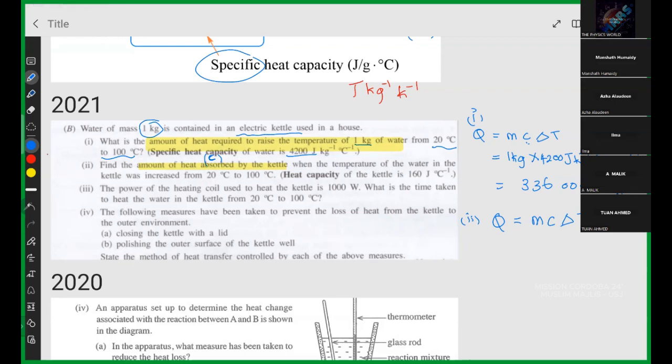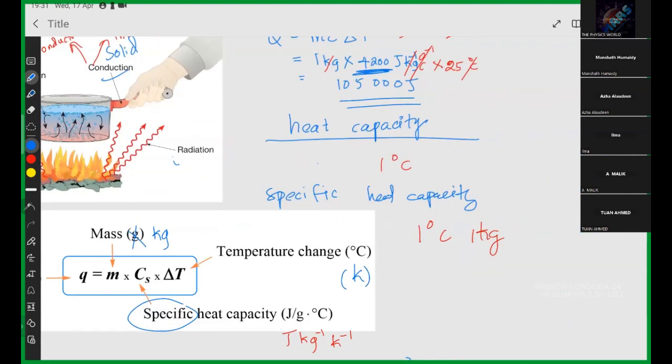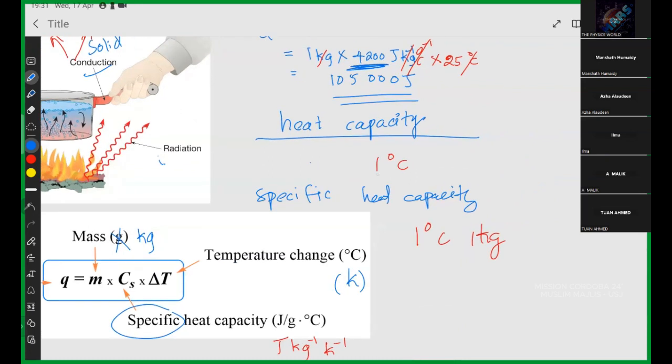Remember, did they give the mass of the kettle? No. So the mass of the kettle is not given. And also in the question, they have given you the heat capacity of the kettle, not the specific heat capacity. As I have explained, heat capacity is only for 1 degree Celsius. We are not considering the mass for heat capacity.